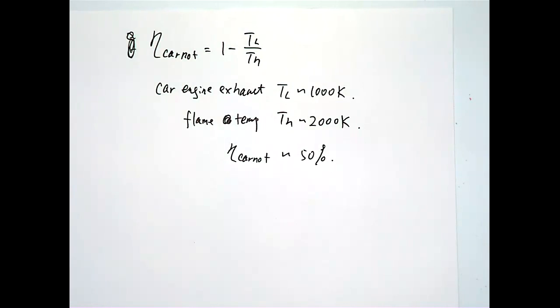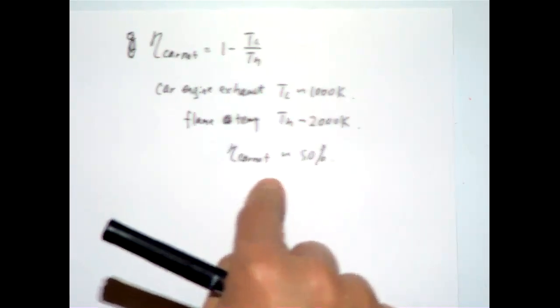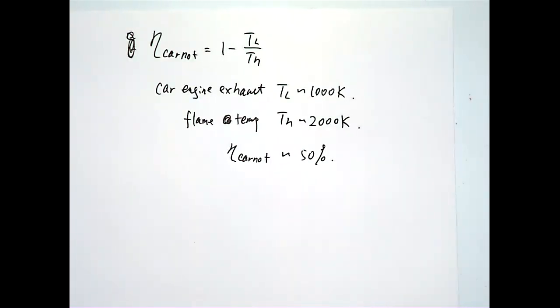But the car engines we use today are far below this point. The typical petrol engine is about 20 to 30% thermal efficiency: the amount of fuel energy you put in versus the mechanical work you get out. It's only 20 to 30%, still far away from the theoretical limit.